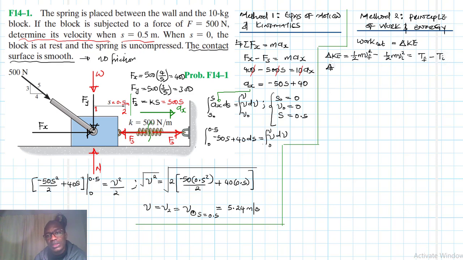We can also write it as half m v2 squared minus half m v1 squared, and this can also be written as T2 minus T1.